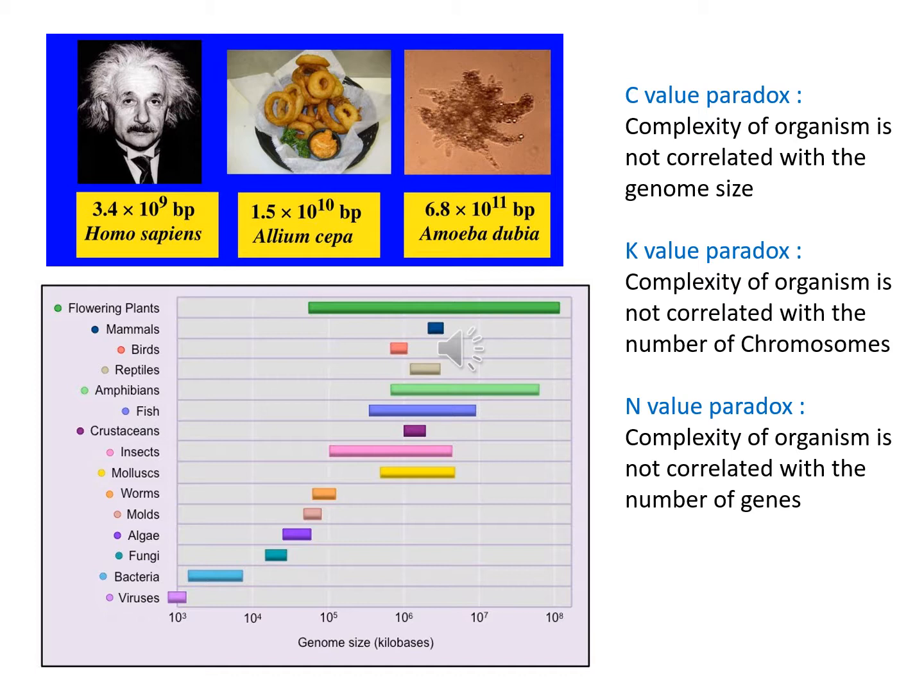If you look at these diagrams, you would see that there is no such relationship. The complexity of the organism is not correlated with the size of the genome. Not only size, complexity of the organism is not correlated with the number of chromosomes or with the number of genes. These are paradoxes that we still cannot explain.